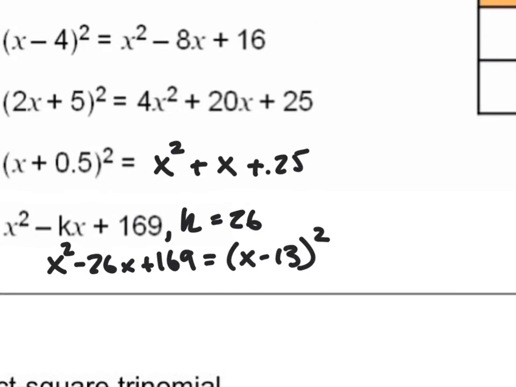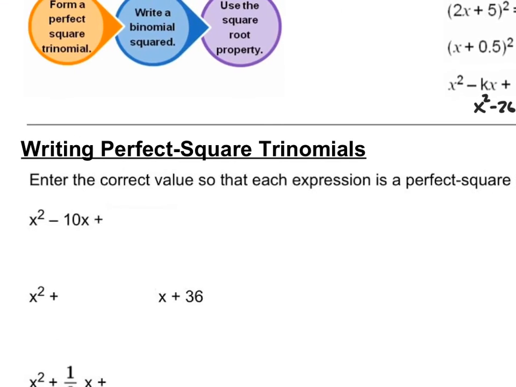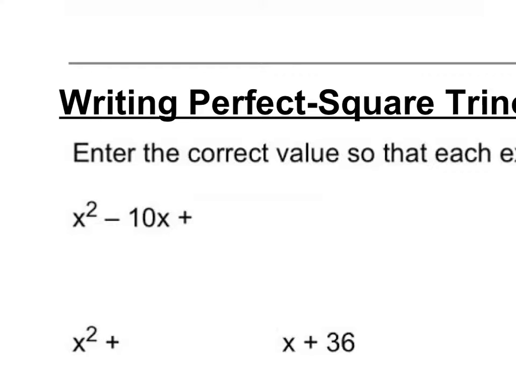So let's take a look down here and write these as perfect square trinomials. If we had x squared minus 10x plus what would make this a perfect square? That would be 25. I just know because I'm taking this number: what two numbers add to negative 10 and are the same number?